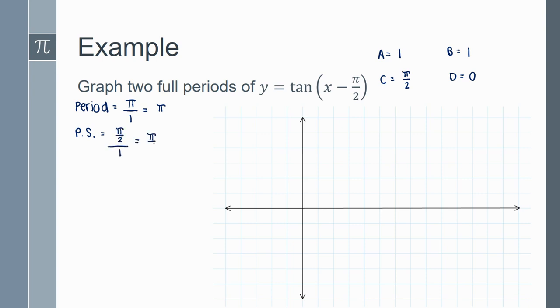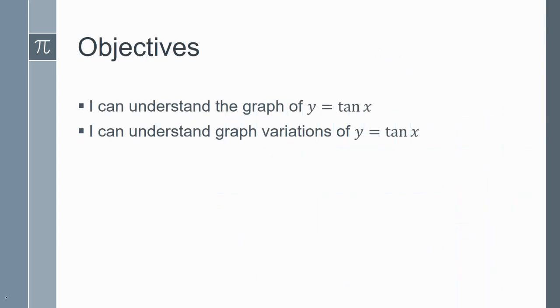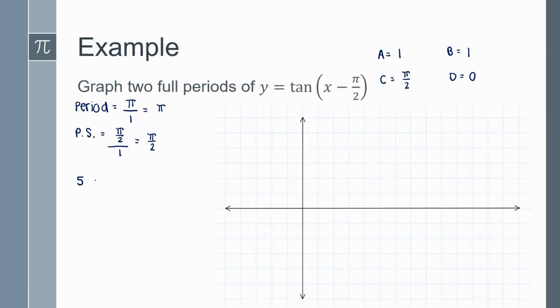If I divide by 1, then pi over 2 is the phase shift. Okay, so once again, there's no amplitude, and because D is 0, there's no vertical shift. So that means that that's everything that I need to identify the five critical points.